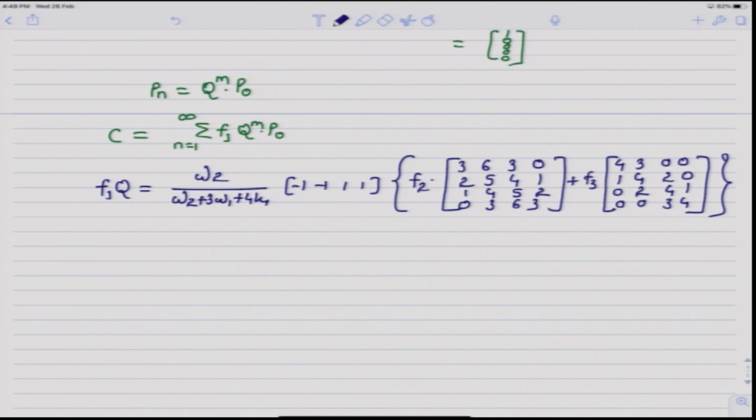If we multiply this row matrix and this 4 by 4 matrix, we will get minus 3 minus 2 minus 5 plus 1 minus 4 plus 0 minus 4.